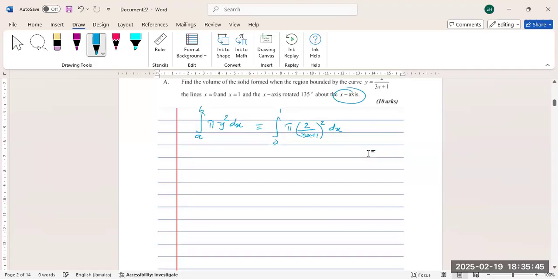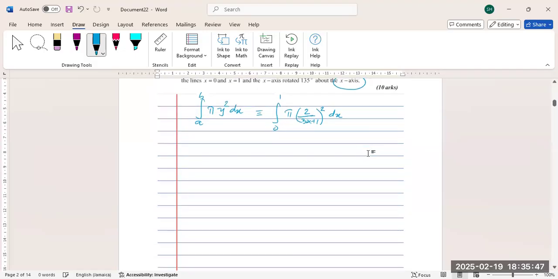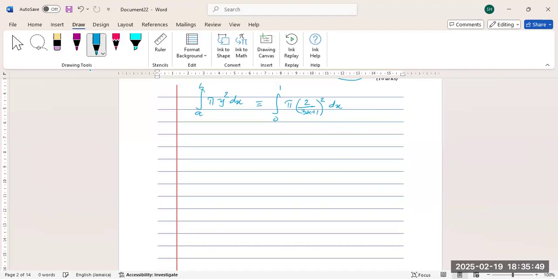All right. So one of the things that we need to do is to find y squared. 2 over 3x plus 1 times 2 over 3x plus 1. Agreed? Yes, sir.